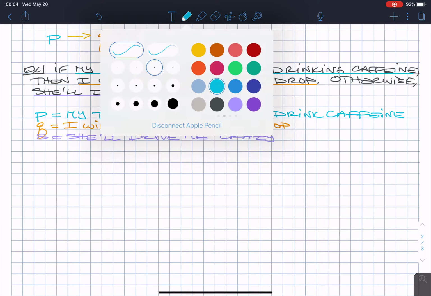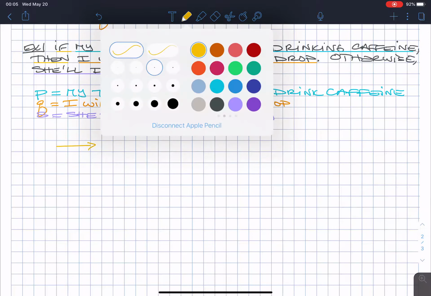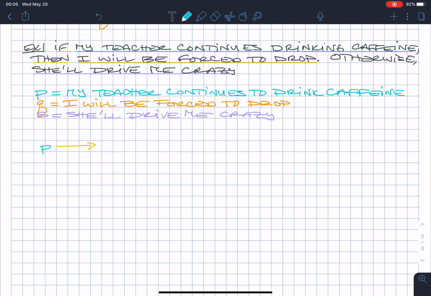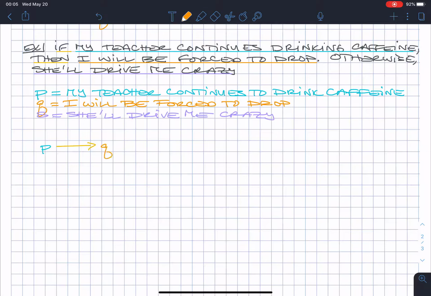Okay, so I claim that I can rewrite this. The if-then is an arrow, right? So if, then I can indicate with an arrow going to the right. So if P, so if my teacher continues to drink caffeine, then Q, then I will be forced to drop. Otherwise, known as else.